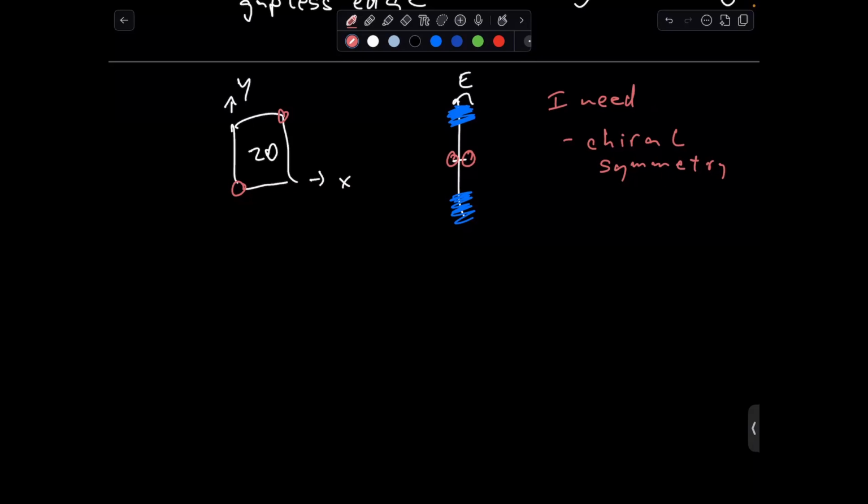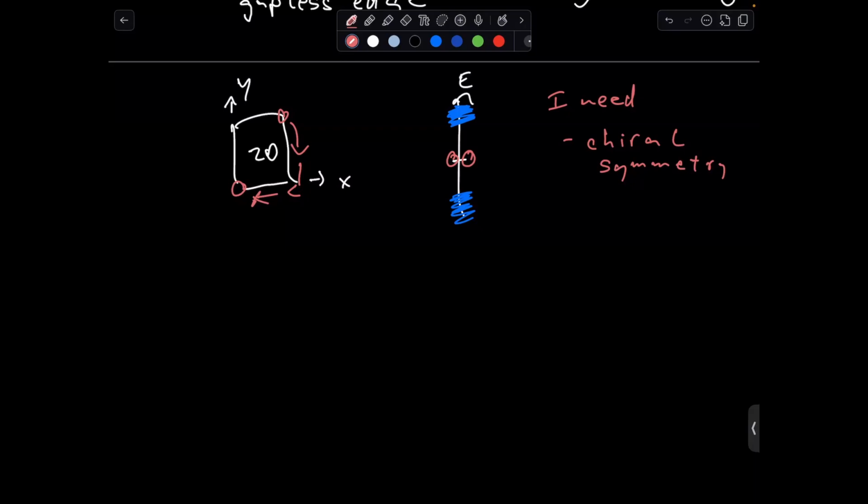So I need chiral symmetry, but what else do I need? So if I only have chiral symmetry, then there's a trick I can play, which is I can move this edge state all the way over here, around the corner to its partner, at which point they would be close together, right? And so I don't have this constraint of locality anymore that would prevent me from gapping them out.